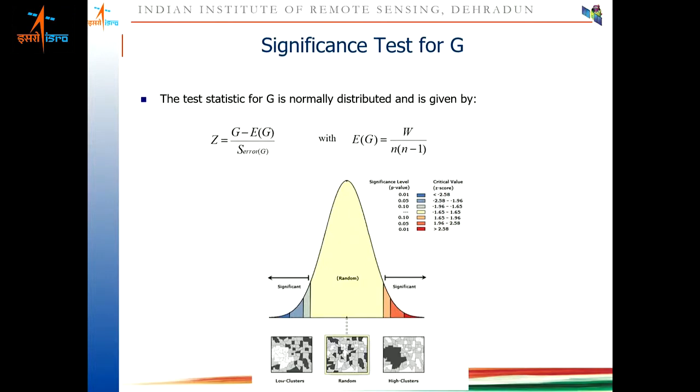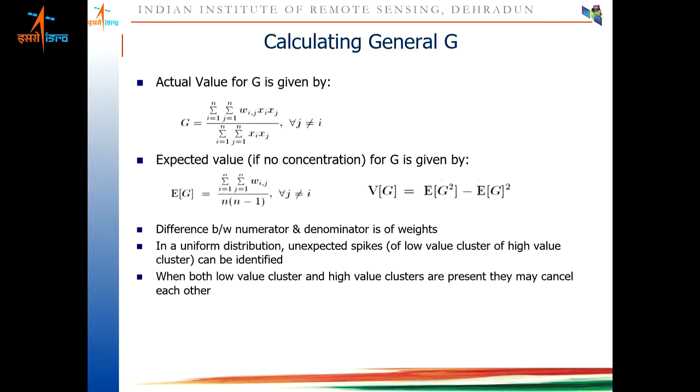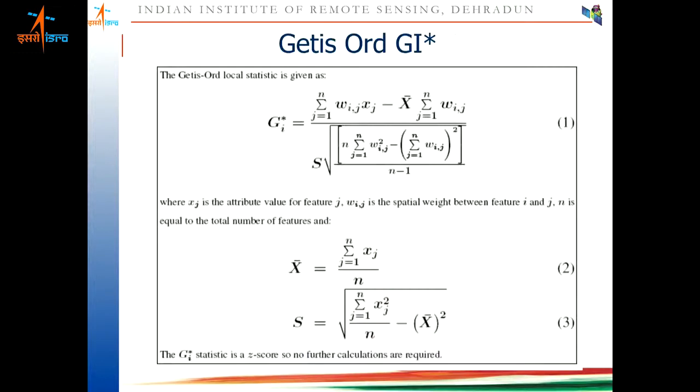But these tests did not tell you where the clusters are present. The G statistic is telling whether there is any hotspot present, and Moran's index is telling whether there is a cluster present, but the location these tests are not telling. So there is another test, Gi star. This method tells you the hotspots present in the data, basically the location of the hotspots.